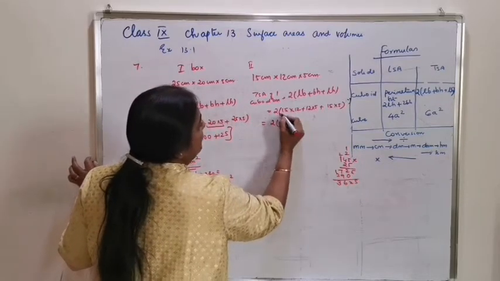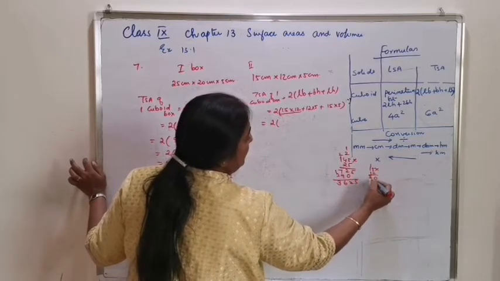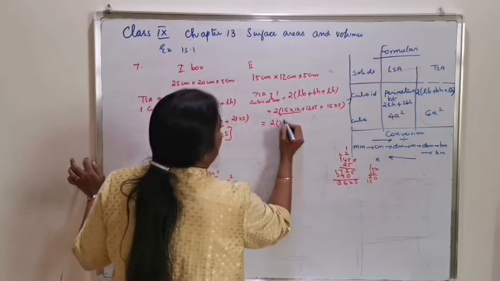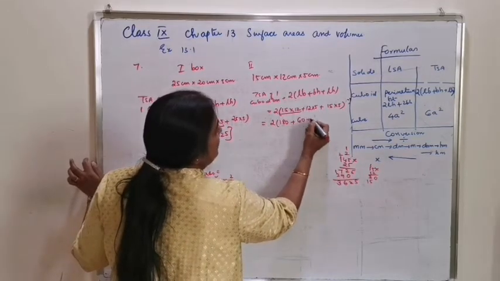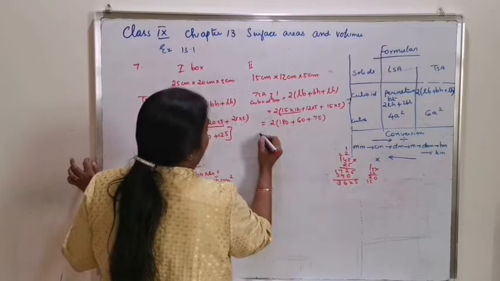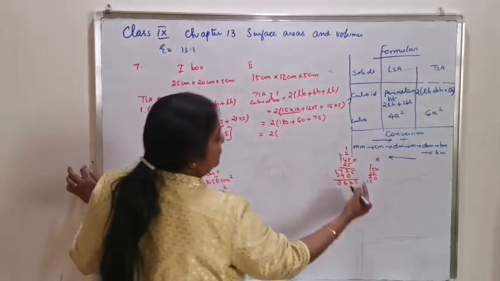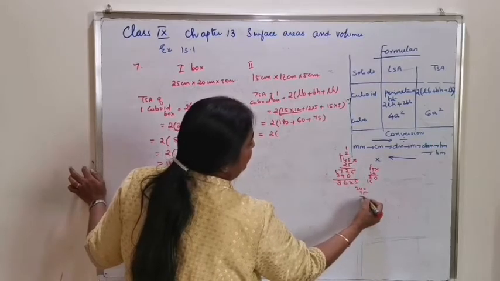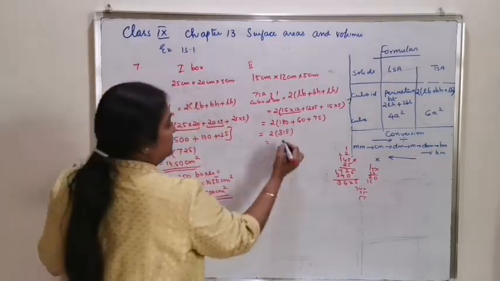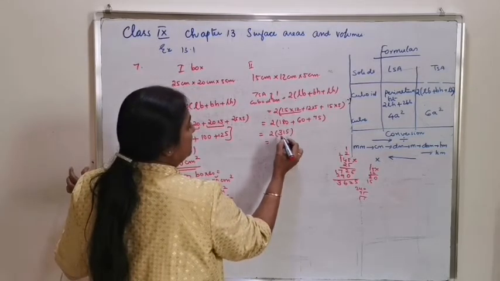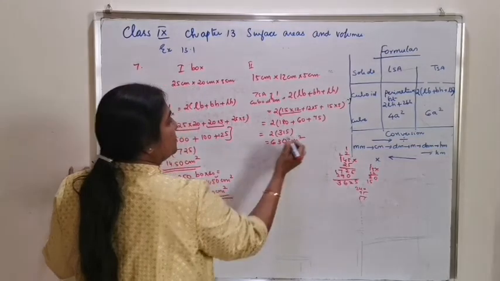That is 2 times (180 plus 60 plus 75), which is 2 times 315, so 630 centimeter square.